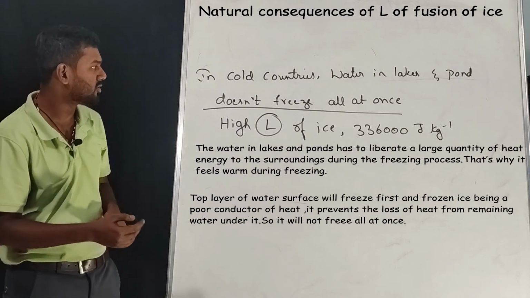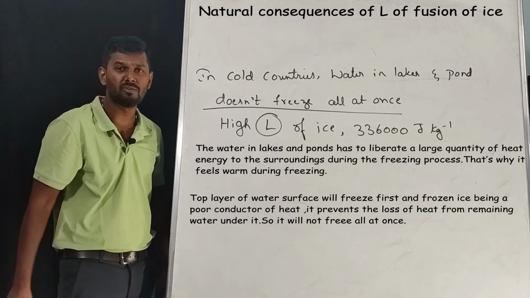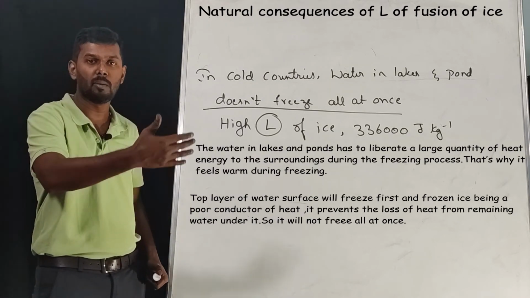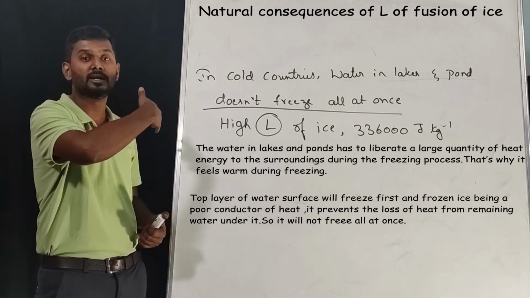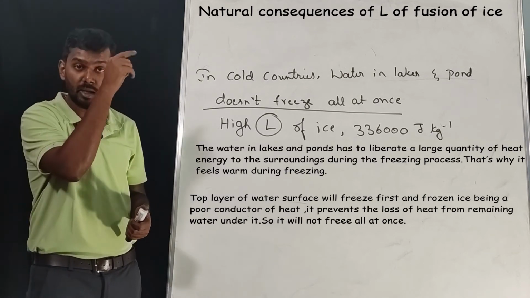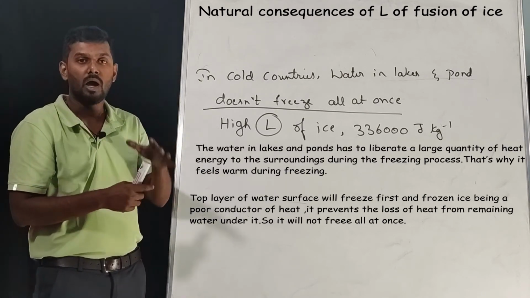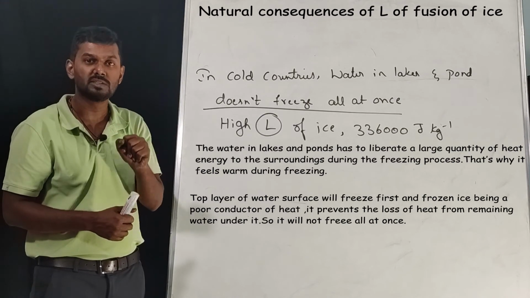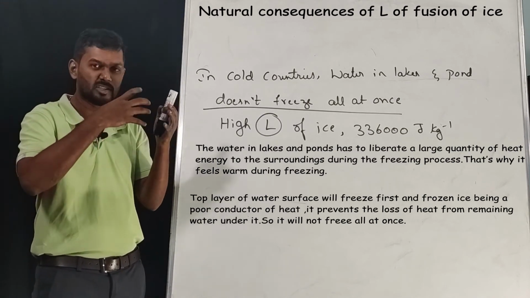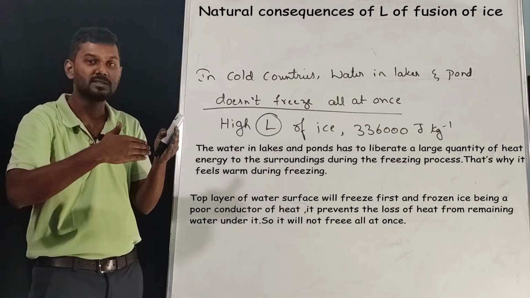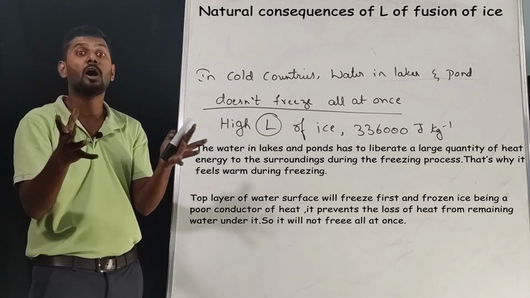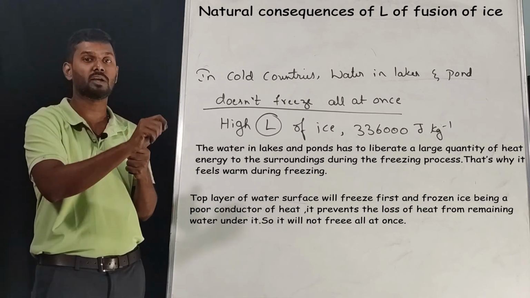And one more thing I forgot to tell about the previous one, why the snow will not melt all at once. And one important thing about these natural consequences is, whenever ice starts melting, it absorbs heat energy from the surrounding.